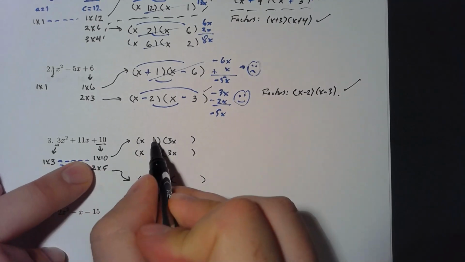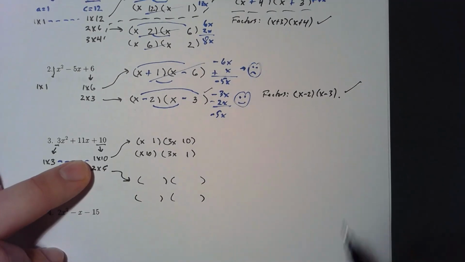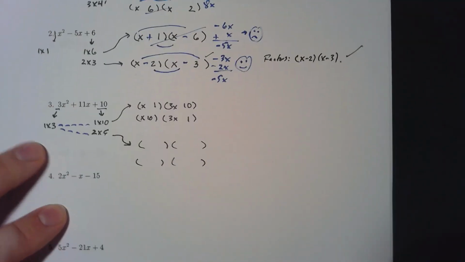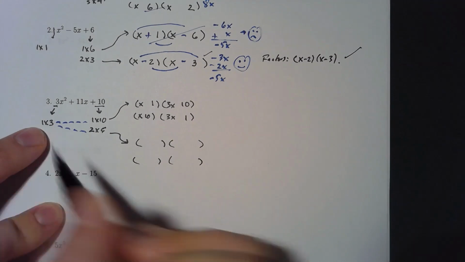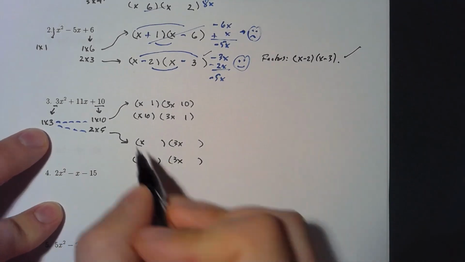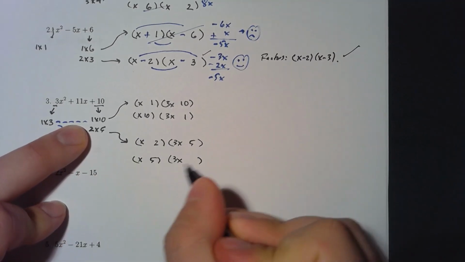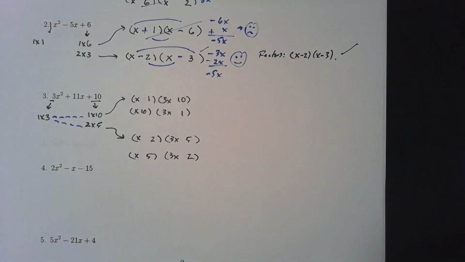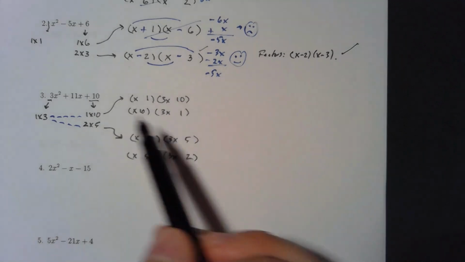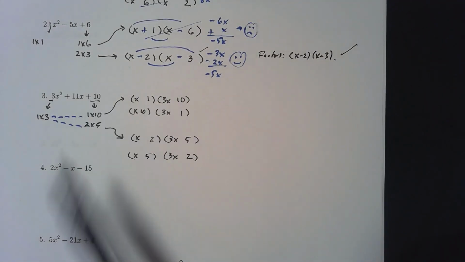So my first case could be 1 and 10, and then the other one will be 10 and 1. Now go to the next pair. So x, 3x, 2 and 5, and 5 and 2. Alright, these are all my possibilities. These are all the possible factors for this quadratic.